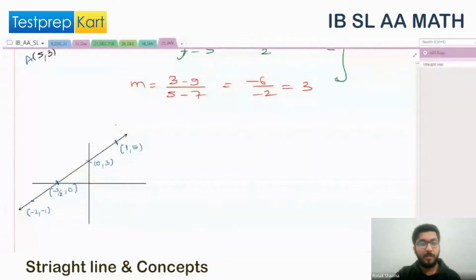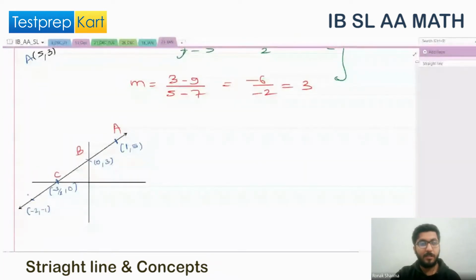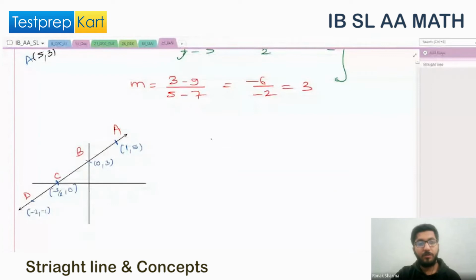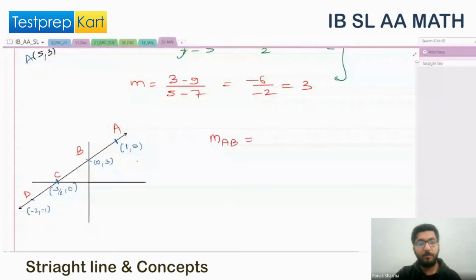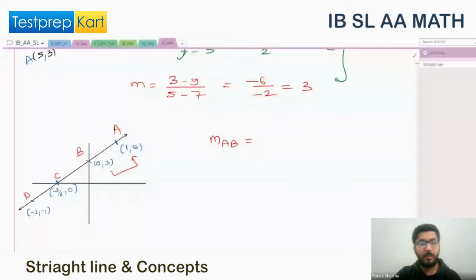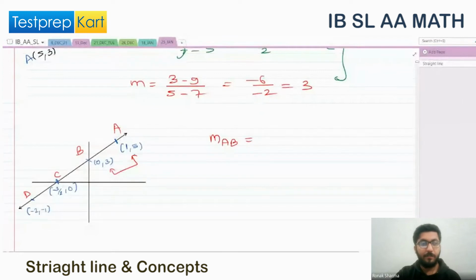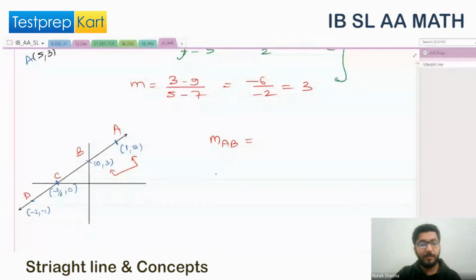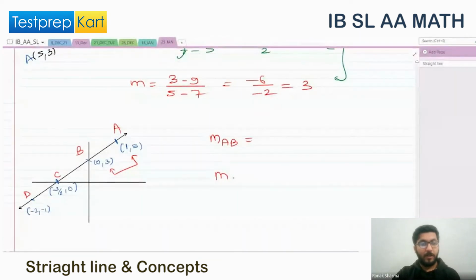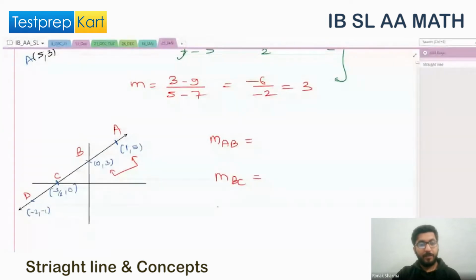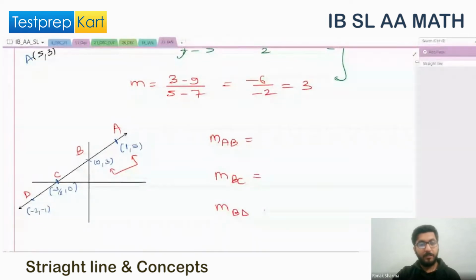Now, this point is A, this point is B, this point is C, this point is D. If I ask you to calculate slope with respect to these 2 points, you know how to do it: difference in y coordinate divided by difference in x coordinate. Also calculate m of BC and BD.